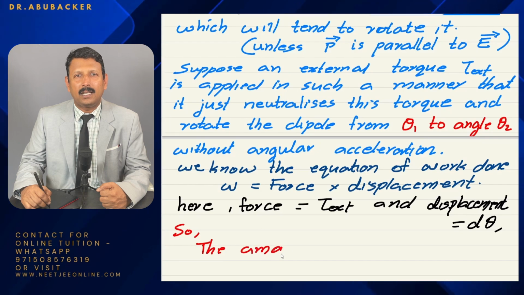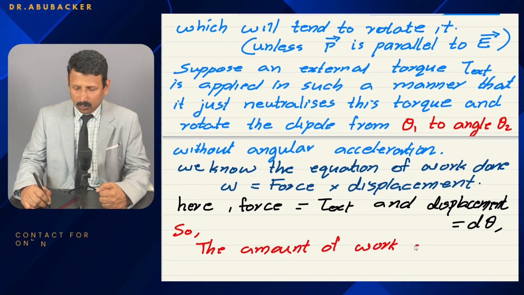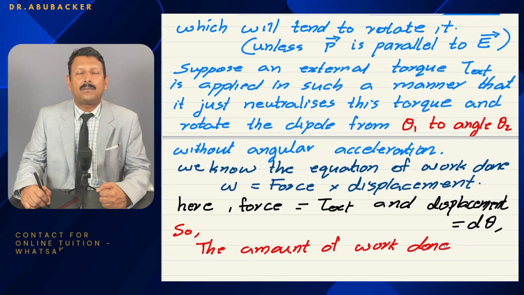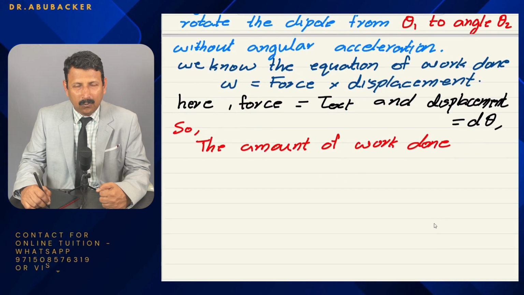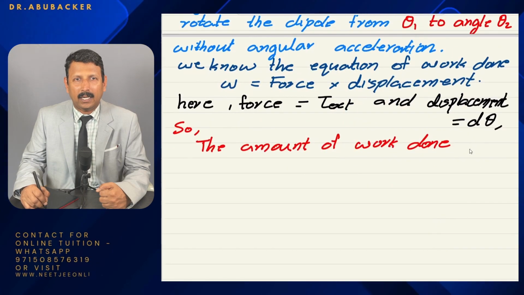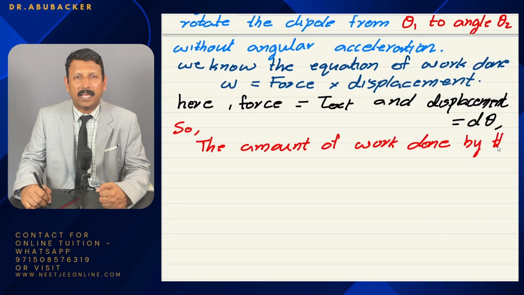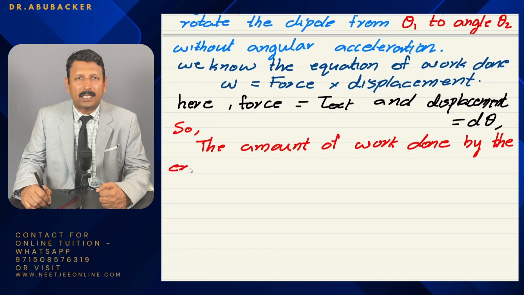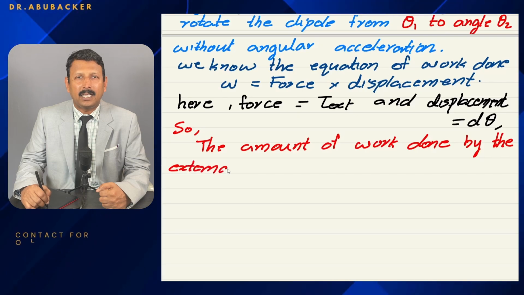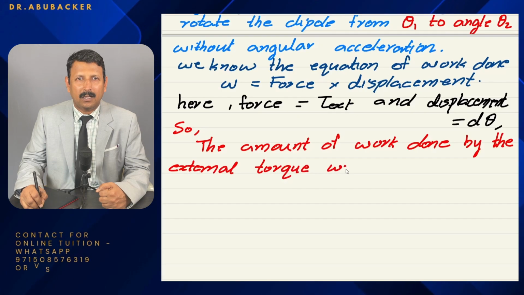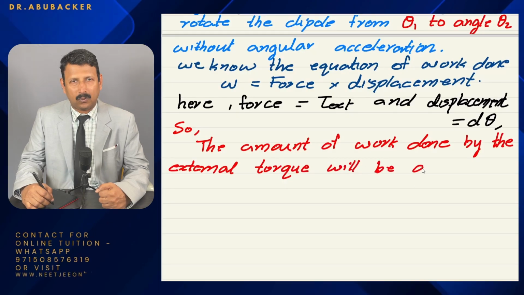So tau external into displacement. Displacement here is theta or d theta. So the amount of work done to rotate the dipole in the electric field from the angle theta 1 to the angle theta 2 is what we are going to write now.